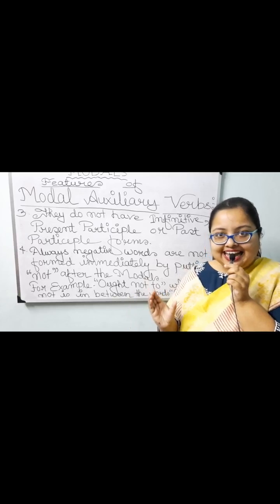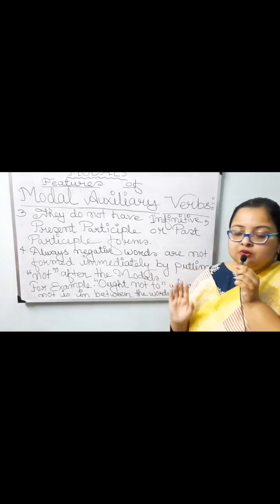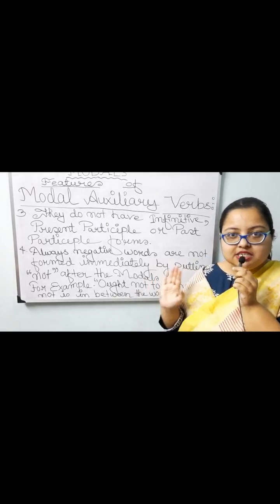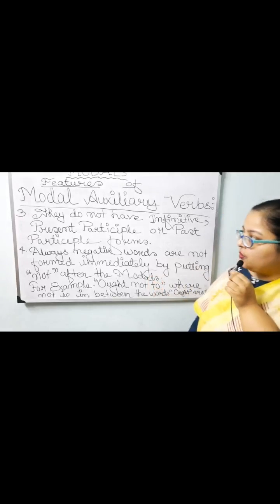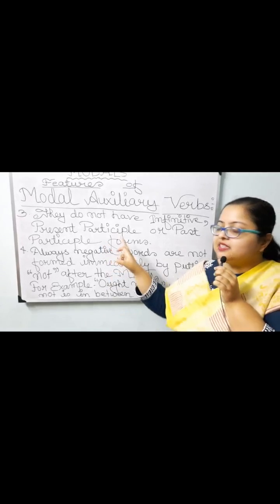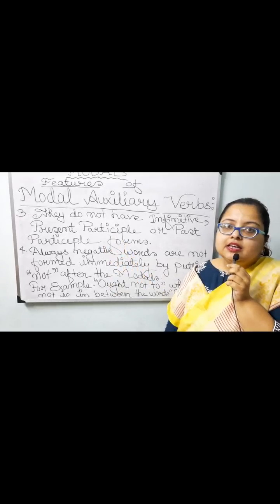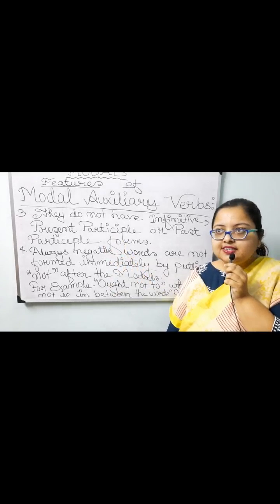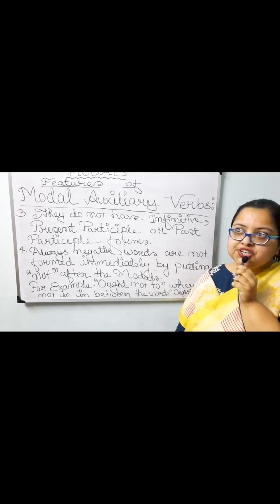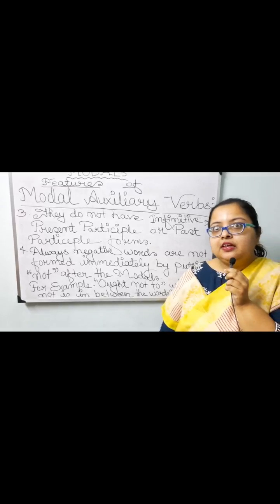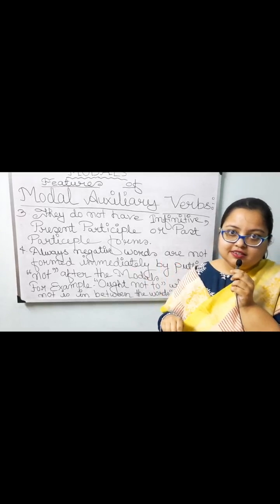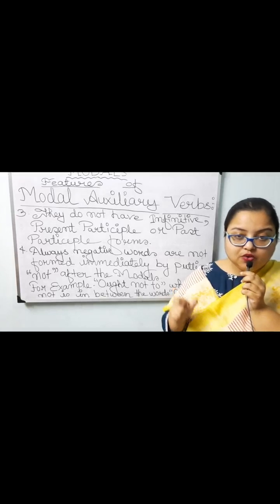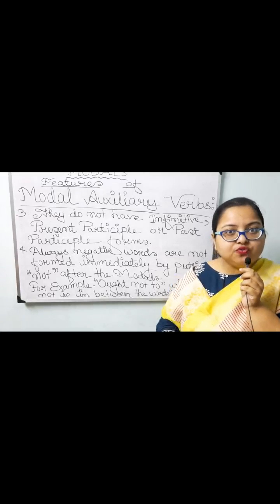Okay, can is used alone with no word before it as such. Then present participle. You can always see a modal auxiliary verb without ing, or without the addition of ing.